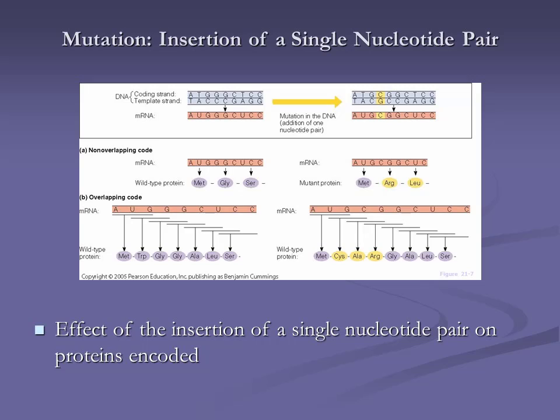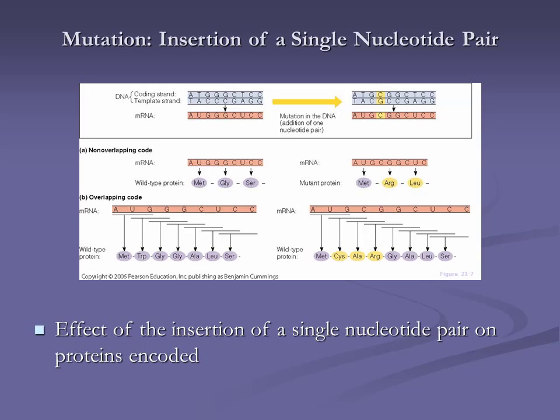So as we look at our mutations, as you have your alphabet, and you're putting those words together, methionine, tryptophan, glycine, glycine is our example in this illustration on the left. If for some reason you inserted one additional nucleotide, do you see how this can mess up the whole thing?